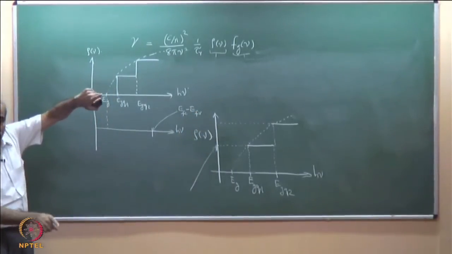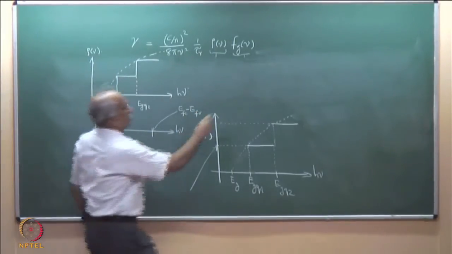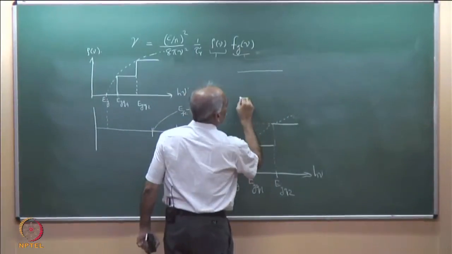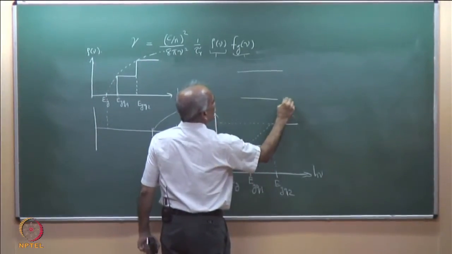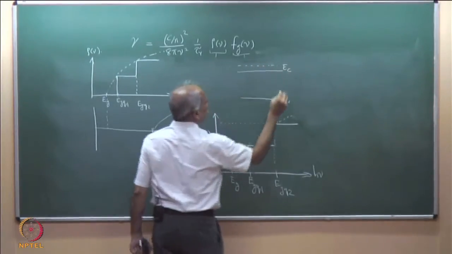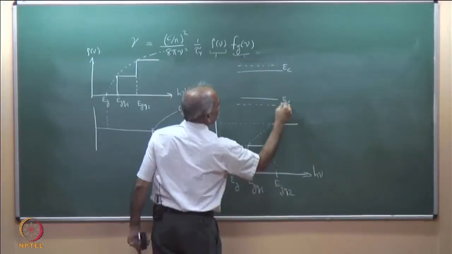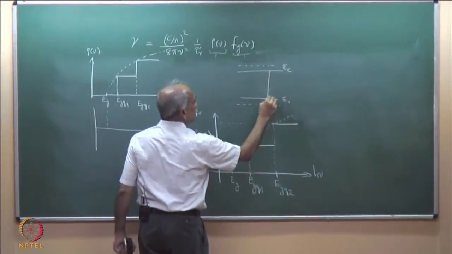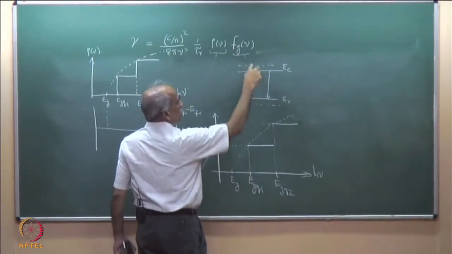That is the separation between the Fermi levels. So, I am now looking at this semiconductor which is in quasi equilibrium. This is EV, this is EC, and EFC has entered the band, EFV has entered the band.